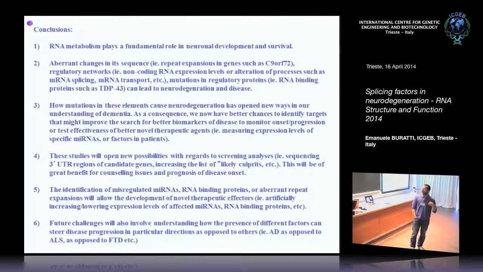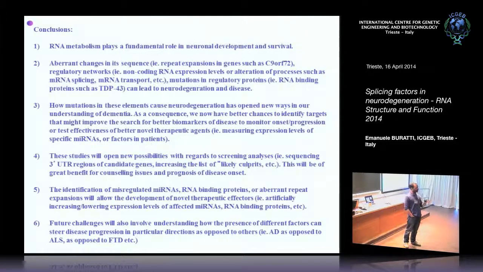And then, of course, you can see what other factors, and as I showed you before there are many factors that can lead to TDP-43 aggregation, are actually involved in changing a situation that is normally stable for 50 or 60 years.